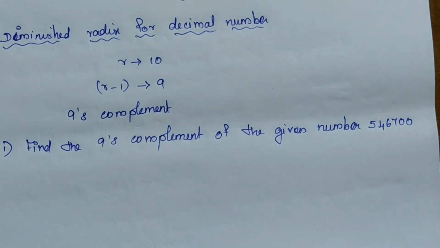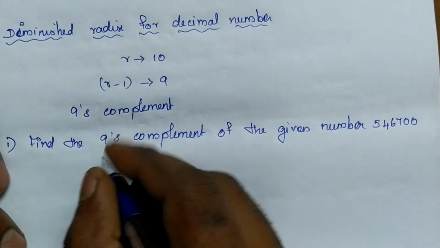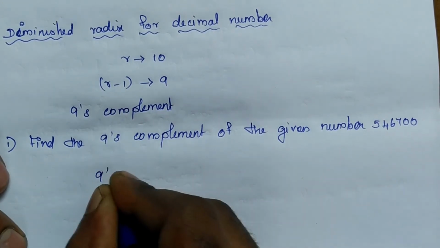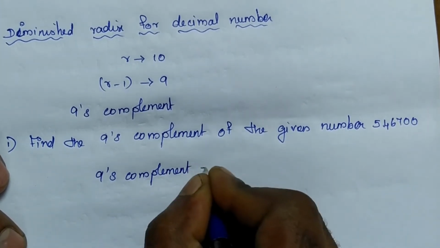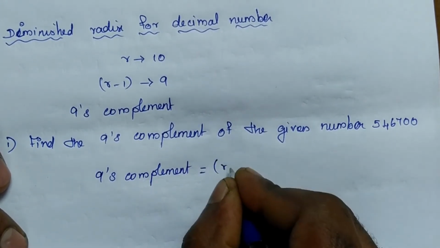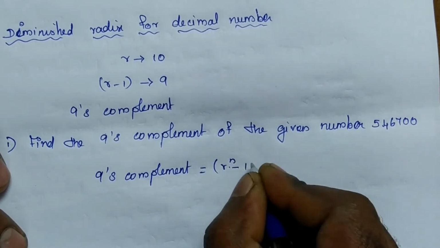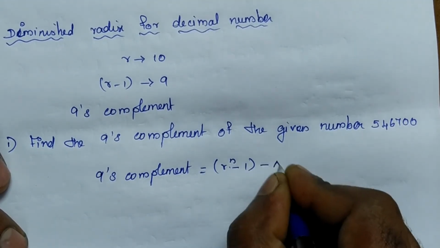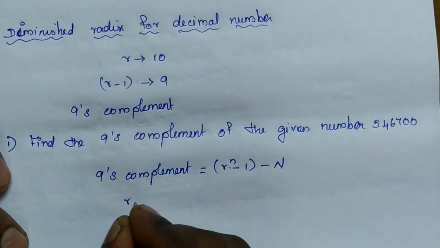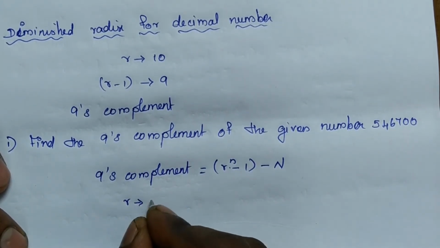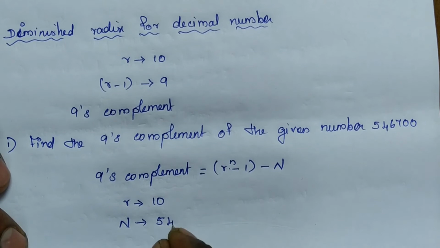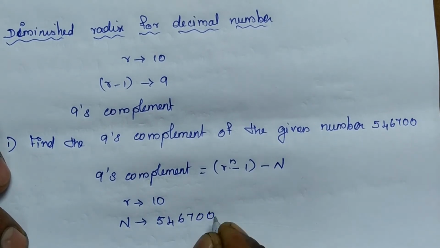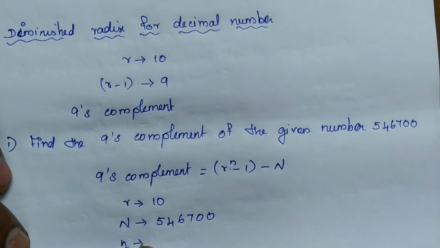So here first we will go for the formula based method. The 9's complement or diminished radix complement is equal to r power n minus 1 minus N. Here r, which is nothing but the base, is 10, and the given number capital N is 5, 4, 6, 7, 0, and small n is the number of digits.